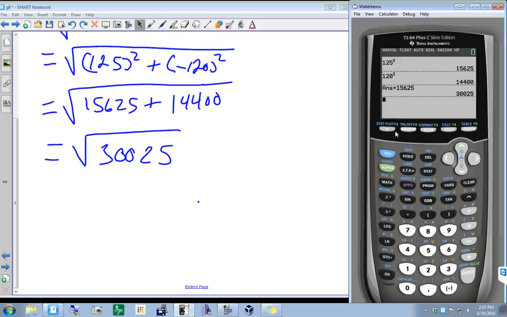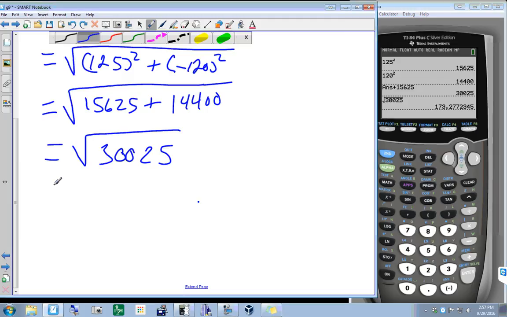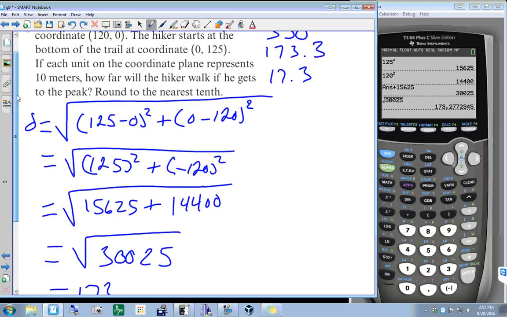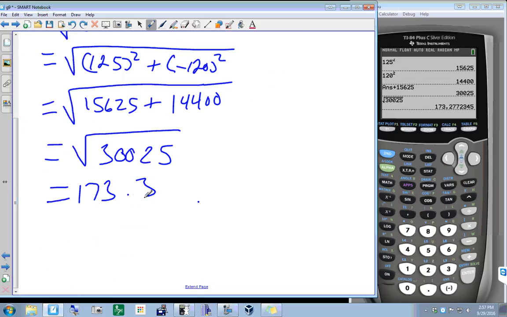Square root of 30025. Okay? And I end up with 173 point, and it says nearest tenth, right? So 3.